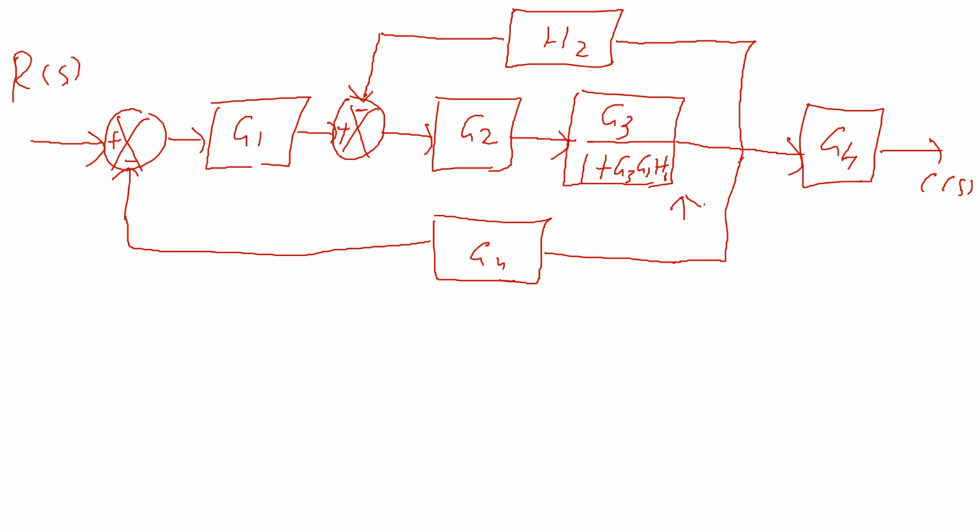Only that I reduced. So next step, what can we do? It is very obvious that these two are in series, so we can reduce them, right? So in the next step we reduce that.